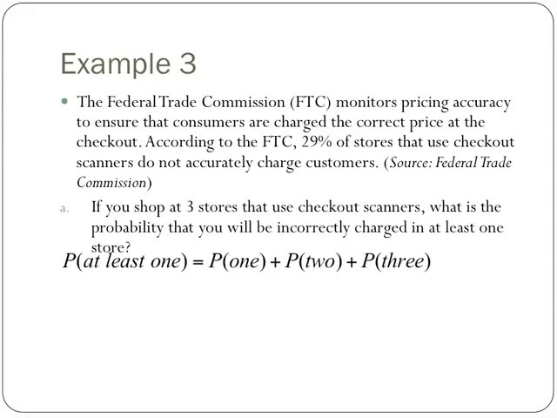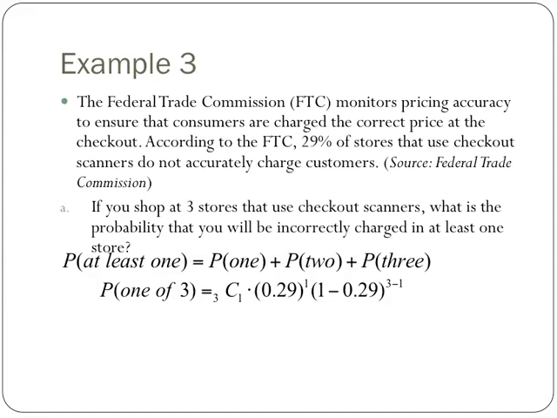So the probability that 1 out of the 3 stores incorrectly charged you is going to be equal to 3 choose 1, times, now 29% of stores that use checkout scanners do not accurately charge customers, so that's our success, 0.29 raised to the first power, and then 1 minus 0.29 raised to the 3 minus 1, or second power.